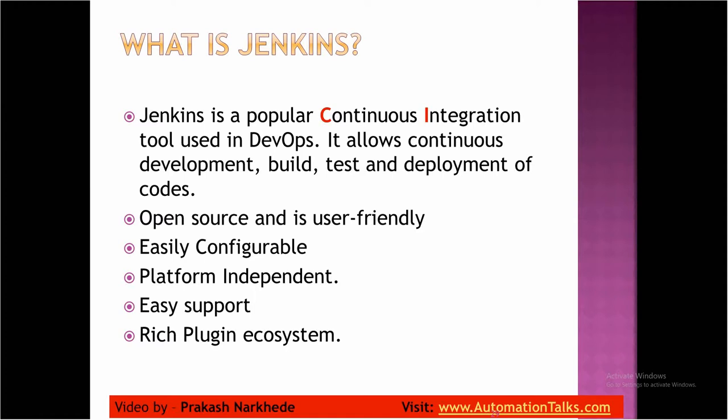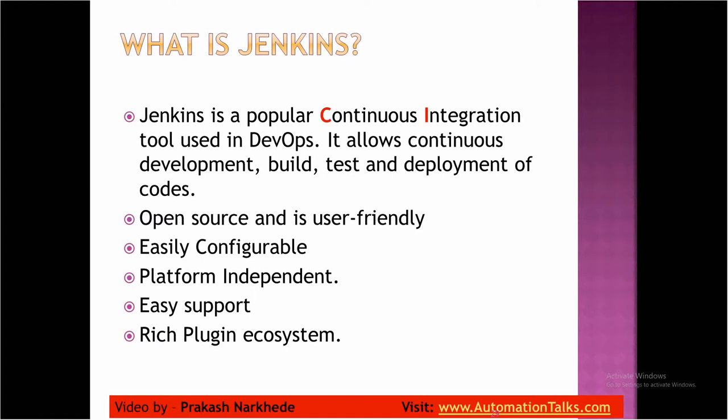Jenkins is entirely written in Java. So in order to work with Jenkins on your machine, you should have JDK installed, because it is written in Java, and it uses the JDK of your machine. Jenkins is more popular because it is easily configurable, because it has a rich plugin ecosystem.